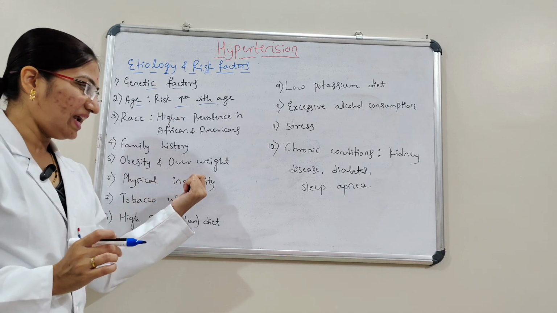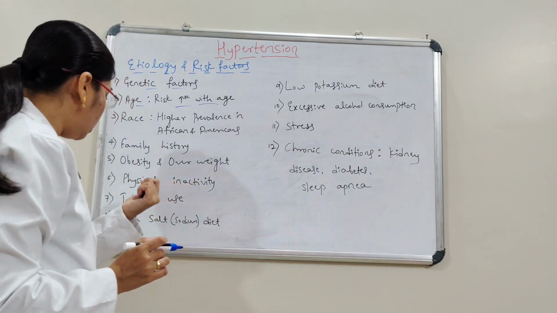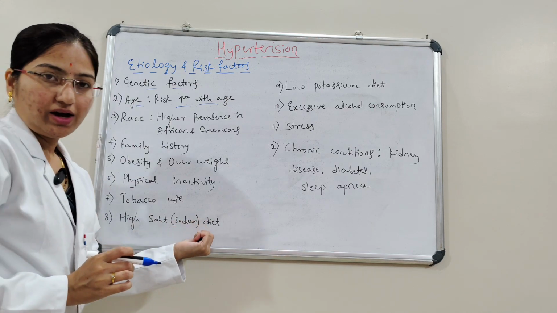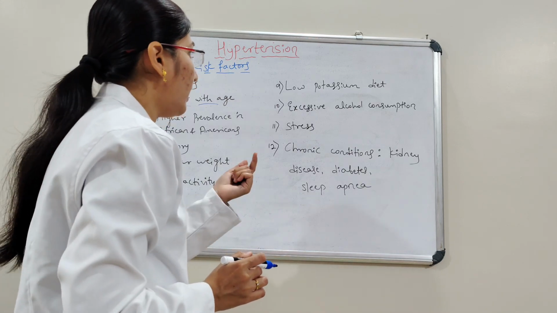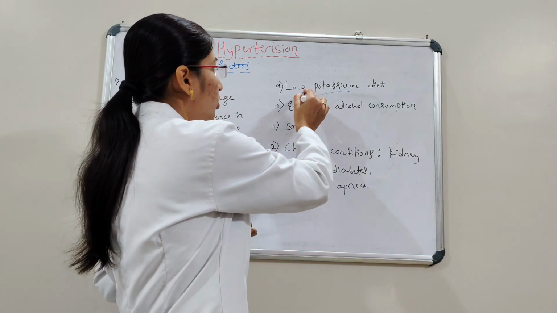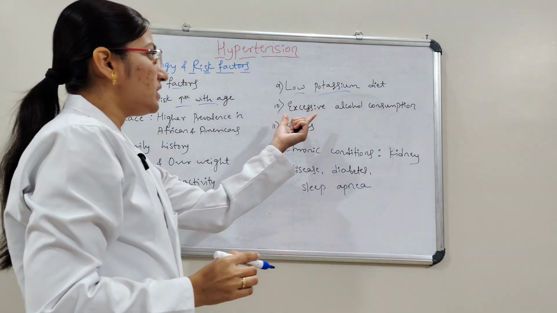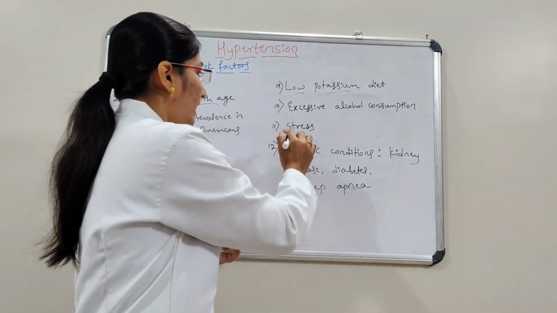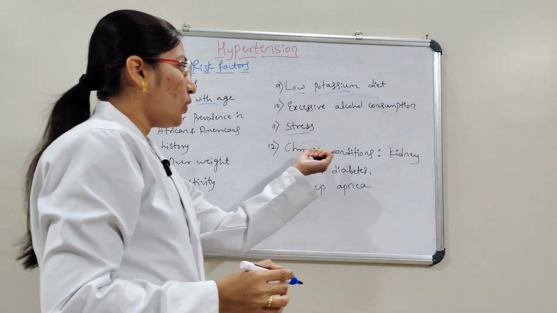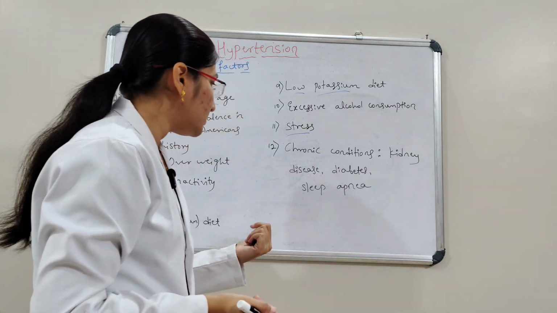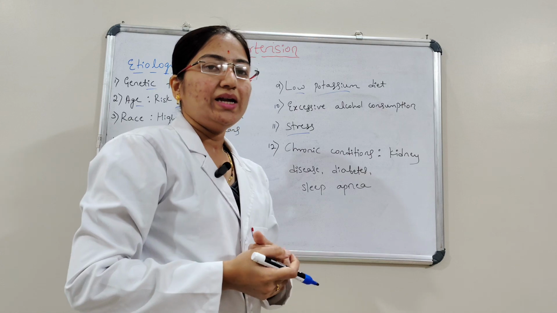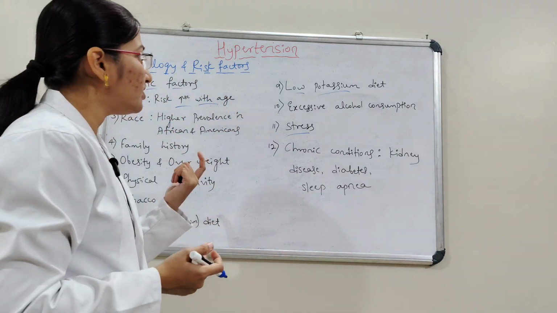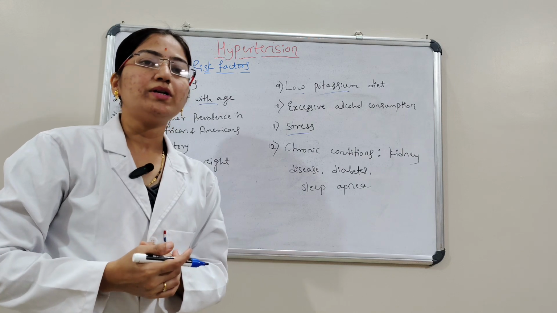And then physically inactive, it's also going to affect. And then tobacco use, high salt diet, high sodium diet will be the reason. And then low potassium diet, and then excessive alcohol consumption can also be the risk factor or cause. And then stress. After that, chronic conditions like kidney diseases or diabetes and then sleep apnea. These are the causes and risk factors of hypertension.